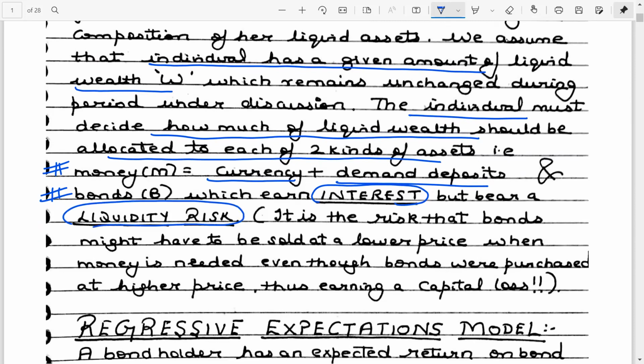That means you might buy a bond today at a higher price, and when you want to sell the bond, if at that time the price of the bond in the market falls, then you will be forced to sell the bond at a lower price than the price at which you bought. So you earn a capital loss on the bond. That is the risk associated with holding your wealth in the form of bonds.